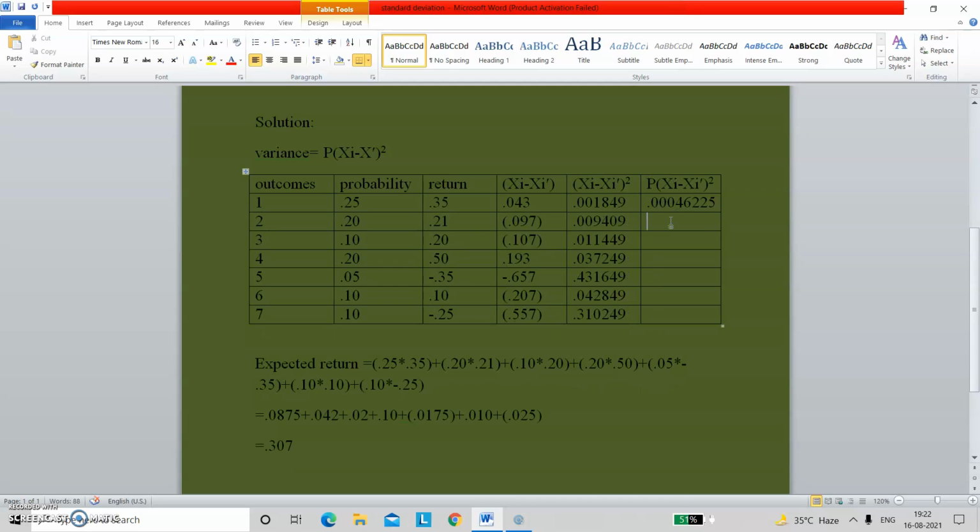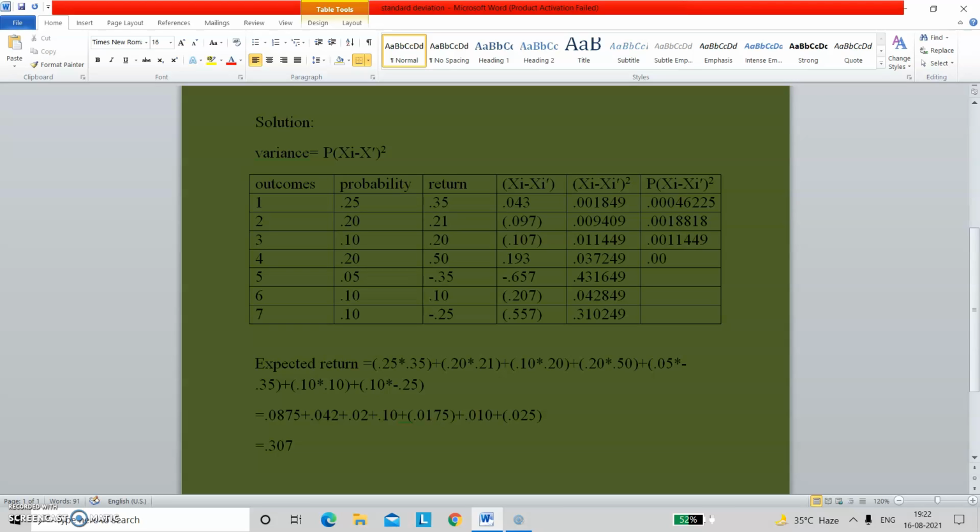Second is 0.009409 into 0.20, which is 0.0018818. Third is 0.011449 into 0.1, which is 0.0011449. Fourth is 0.037249 into the probability for outcome 4, which is 0.20.